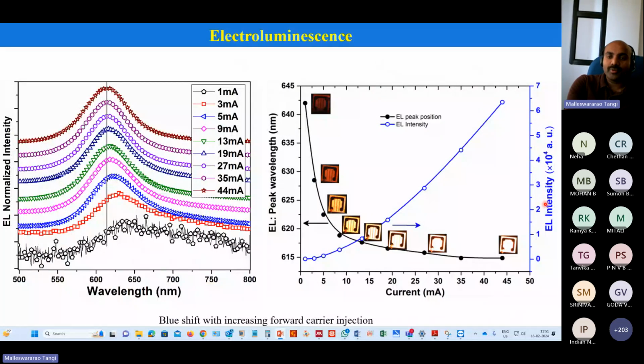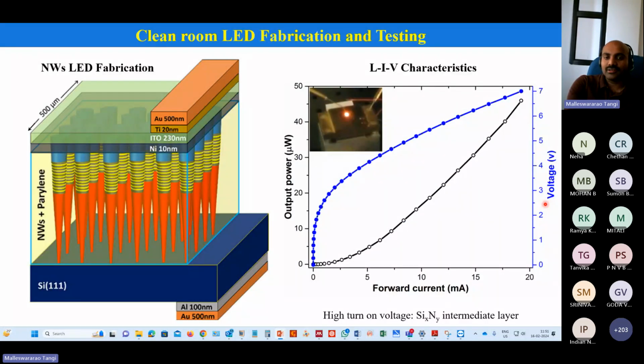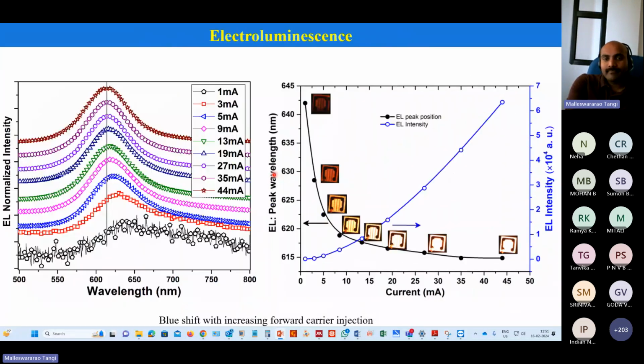Except for that, all other properties are as good as thin film LEDs. Here we see a low output power because we haven't used an integrating sphere in our characterization testing system. That's why we see relatively low output power. Then we inject current and look at the luminescence properties of these devices.